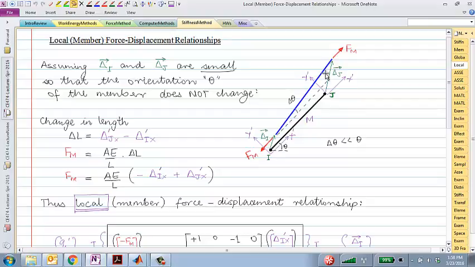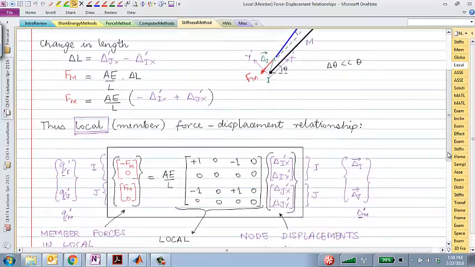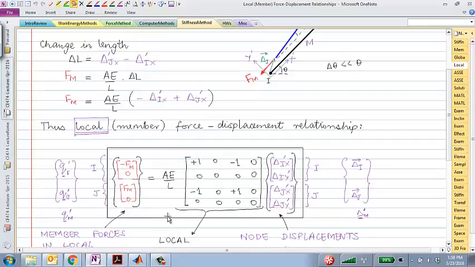If it's inclined, x prime and y prime go along with it. No matter which way it's inclined, the local coordinate system is always aligned along that. And therefore, this relationship pretty much captures the force displacement relationship of a truss member, which is just simply as simple as F is equal to AE over L times delta L.